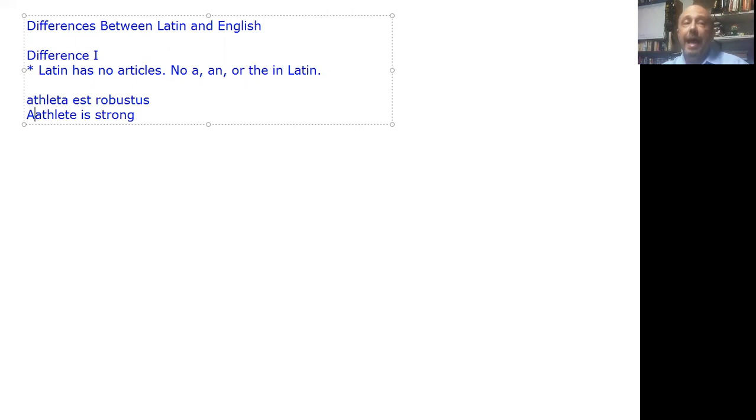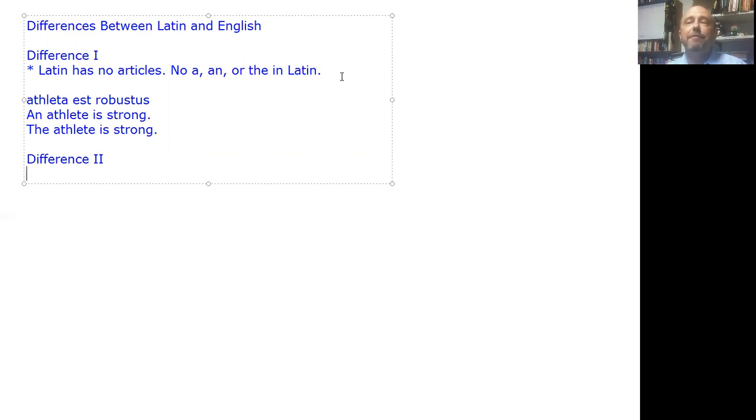I can put an athlete is strong. That's one way to do it. Or I could put the athlete is strong, depending on the context, or in this case, since it's just a sentence all by itself with no context, whatever I feel like doing. So that's difference number 1. No articles, gotta add them.